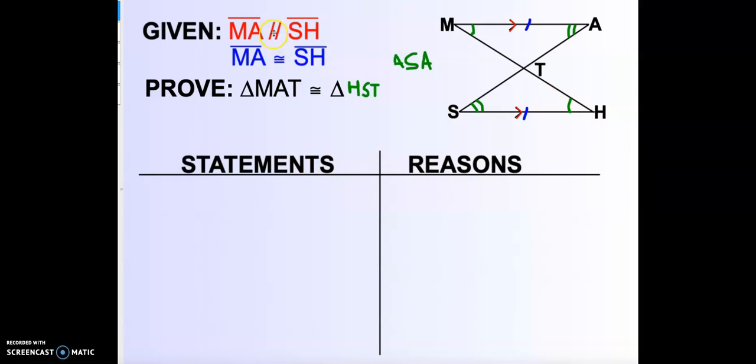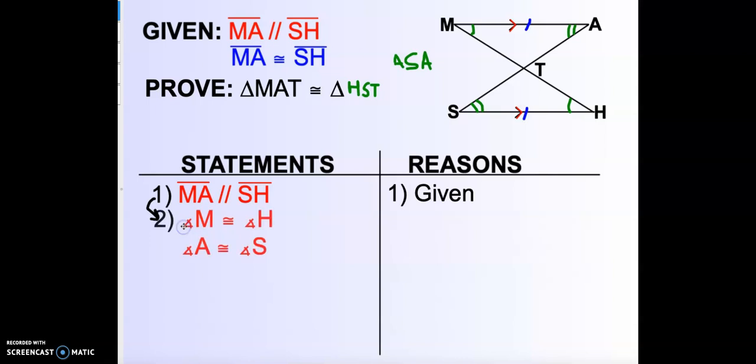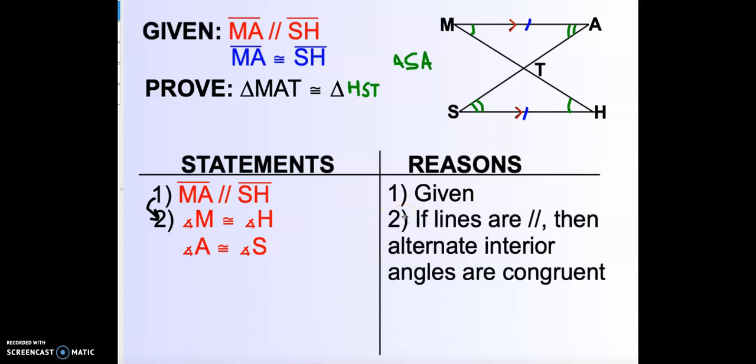Again, I like to start out with the given that requires the most work, and I think that's the first given. Once we have parallel lines, we know that the natural syllogism is we should get some angles that are equal. So parallel lines here are going to take me to equal angles. M equals H, A equals S, and my reason straight from that definition sheet: if the lines are parallel, alternate interior angles are congruent.